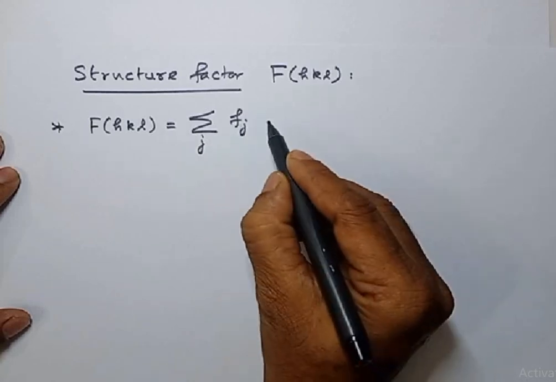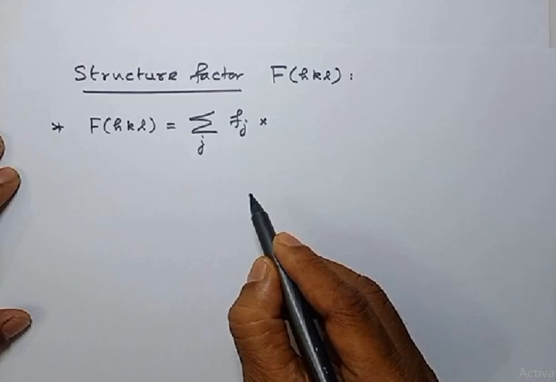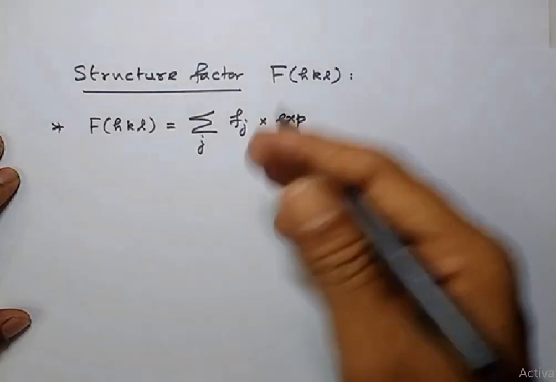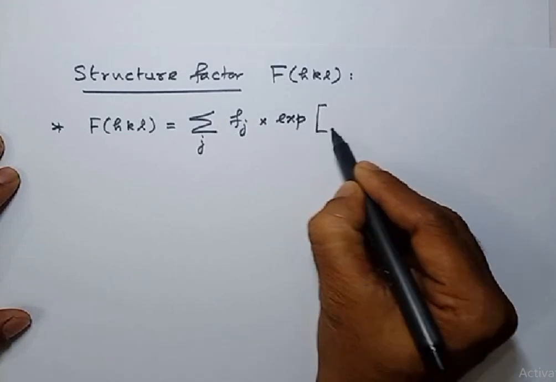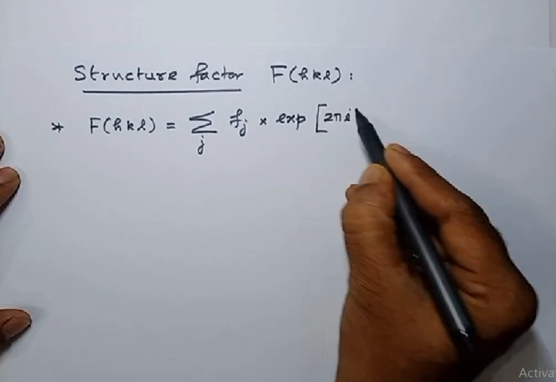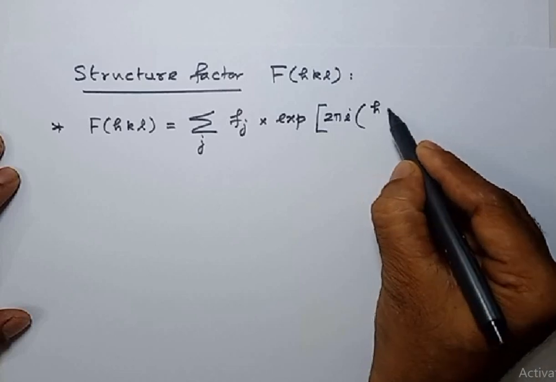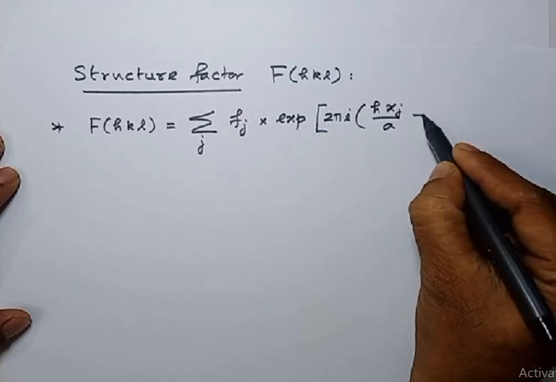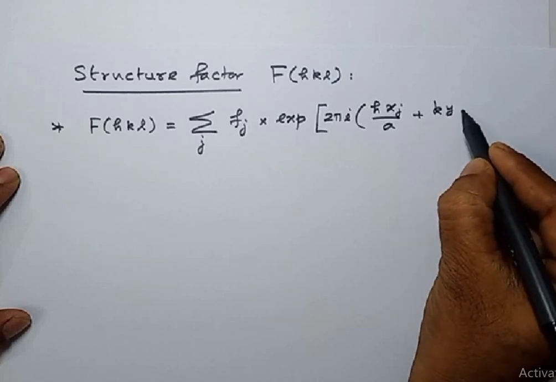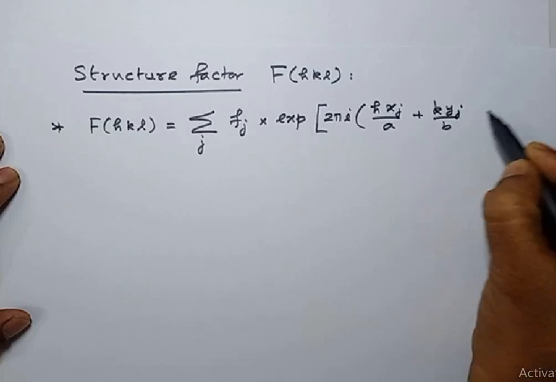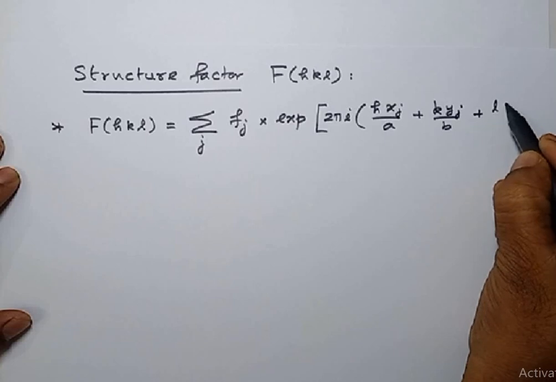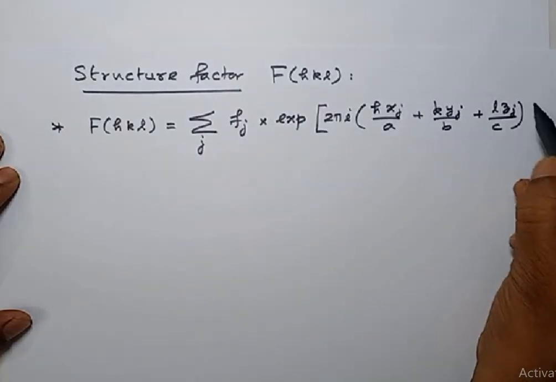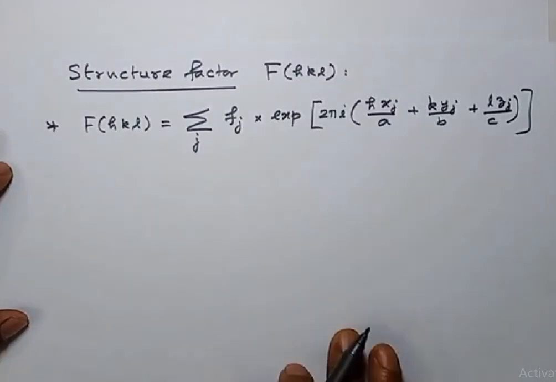First I'll write the formula: exponential, exp of 2 pi i into h into x_j by a plus k into y_j by b plus l into z_j by c. Okay, this is the formula for structure factor.